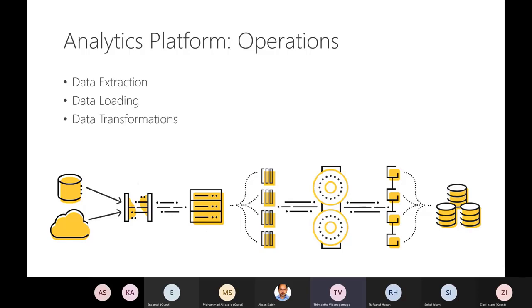And afterwards, you have data transformations where the loaded data is transformed into an optimized form for analytical purposes. These operations require a data movement tool to be driven. It could be Azure Data Factory or SSIS, and there are some other tools as well. But mainly it could be Azure Data Factory or SSIS to drive these operations in an analytics platform.